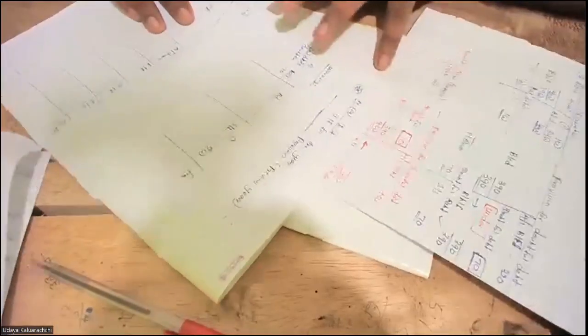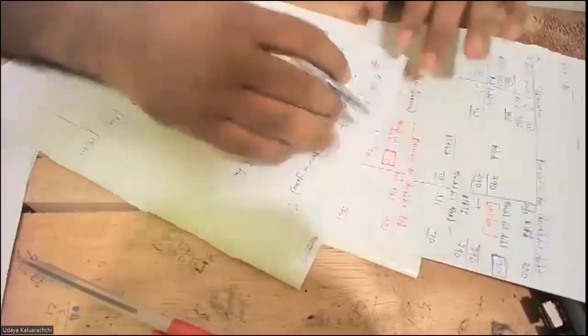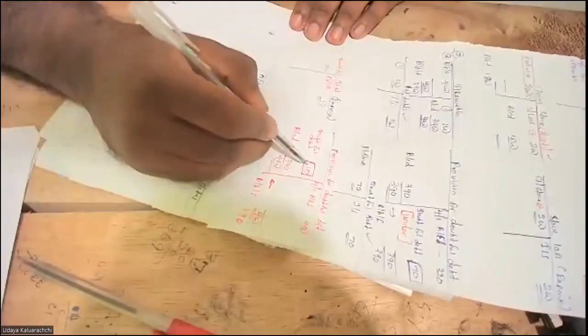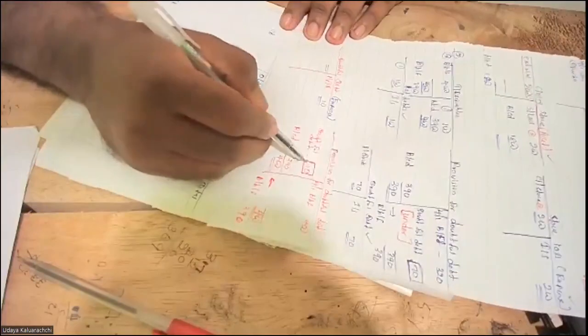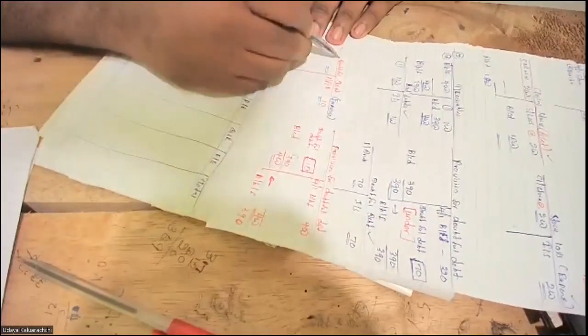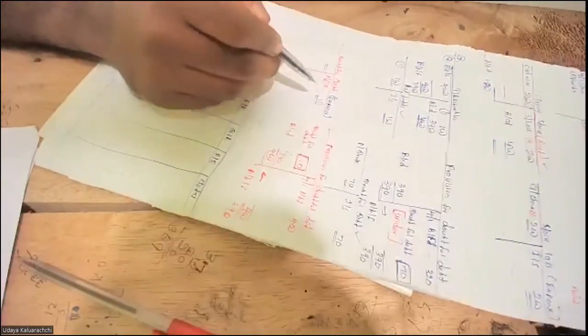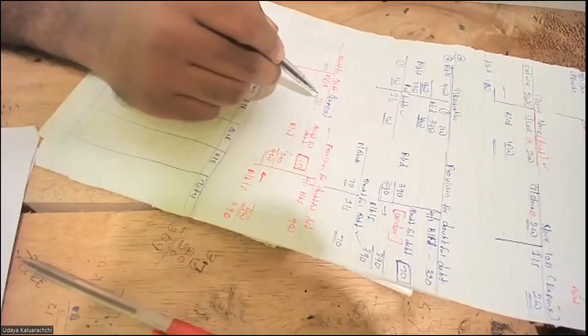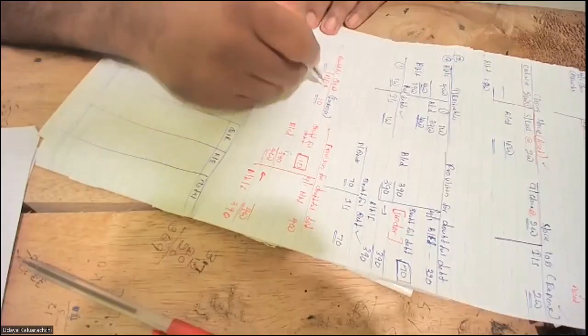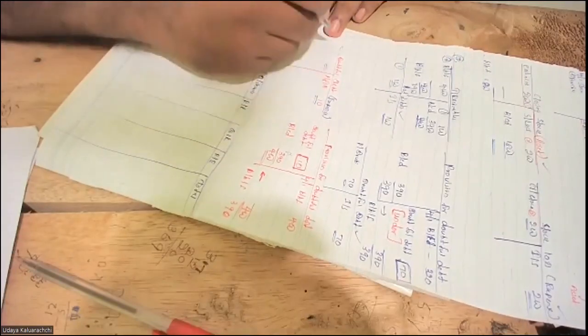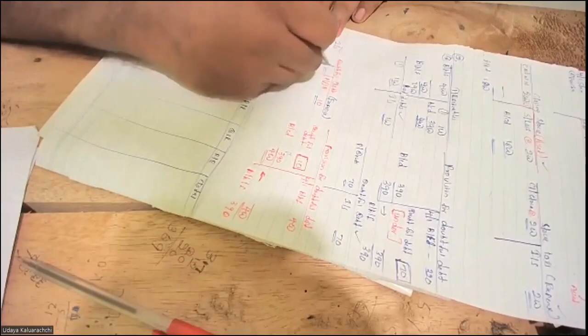If there was an over provision, the double entry would be: provision for doubtful debt debit, doubtful debt expenses credit. It is the double entry. Then here, income statement 10.